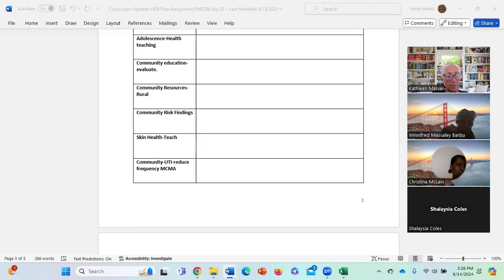We know in the community that resources are limited in the rural community. Why is that? What do we know about the rural community? Why are there limited resources?